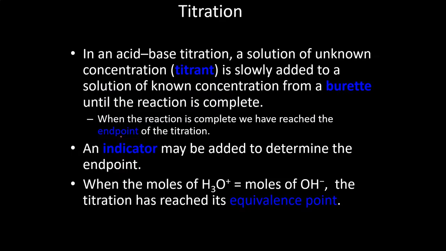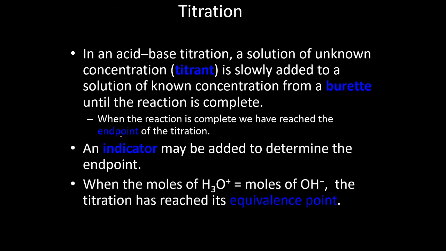So, in an acid-base titration, a solution of known concentration, which we call the titrant, is slowly added to a solution of unknown concentration from a burette until the reaction is complete. Actually, the way that is phrased, it seems like it's saying that the unknown is in the burette.